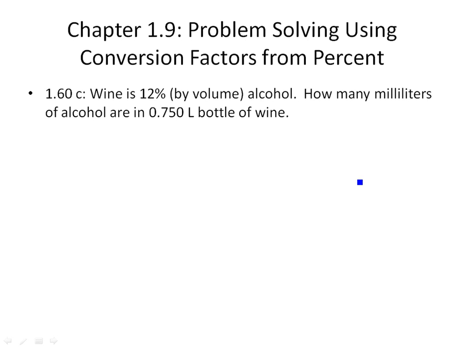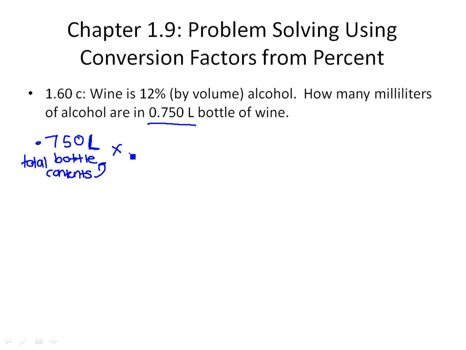The bottled wine contains more than just alcohol, right? Because it's just 12% alcohol, but there are other ingredients in there. So first, we're going to take our 0.750 liters, and this is of the total contents of the bottle.